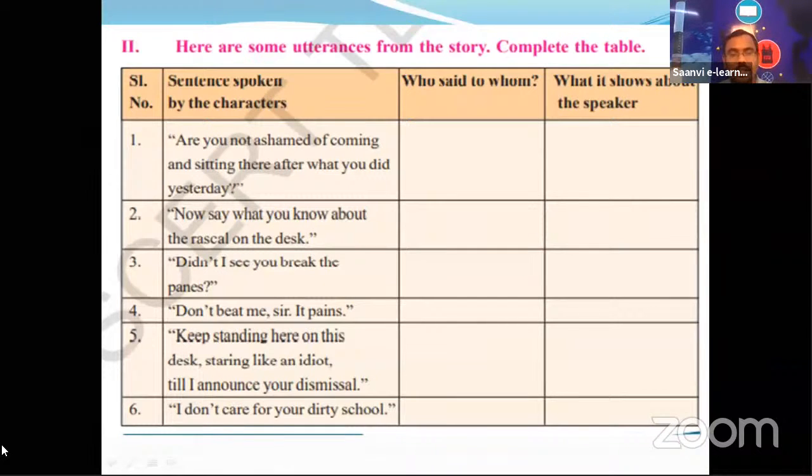Fifth one. Keep standing here on this desk, staring like an idiot, till I announce your dismissal. The headmaster to Swaminathan.